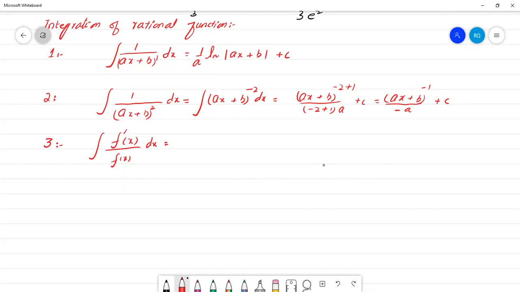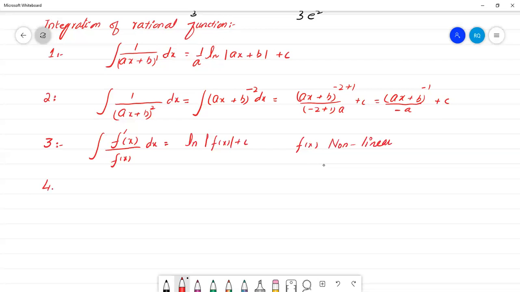So you have to apply over here the method: log natural of modulus of f of x plus c. f of x is non-linear. It may be exponential, it may be trigonometric, it may be logarithmic. It's your choice.